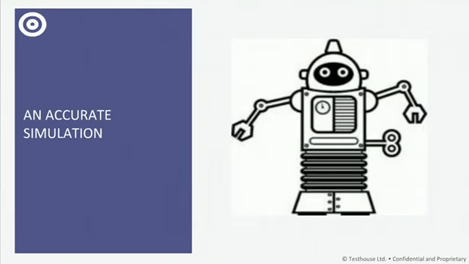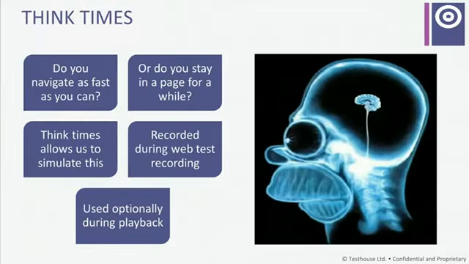So as I said, when you're creating these web tests, what you're really aiming to do is create an accurate simulation of a web test to use later within a load test. And one of the major influences on that is your think times. If you define your think times and attach a think time to any request, the system will pause for that number of seconds before moving on to the next one.